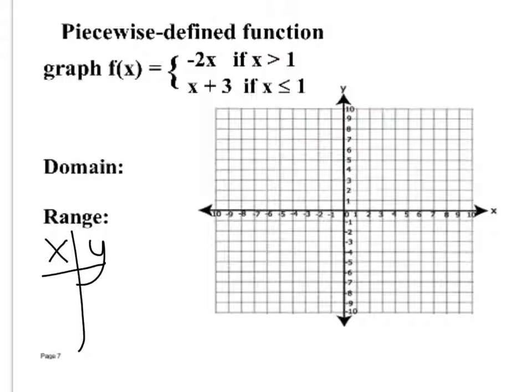It says it's negative 2x if x is greater than 1, and x plus 3 if x is less than or equal to 1. So I want 1 as my x. I also want a number bigger than 1, 2. I also want an x coordinate that is smaller than 1, so I'm going to pick 0.